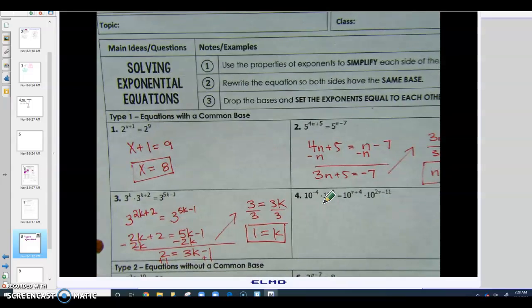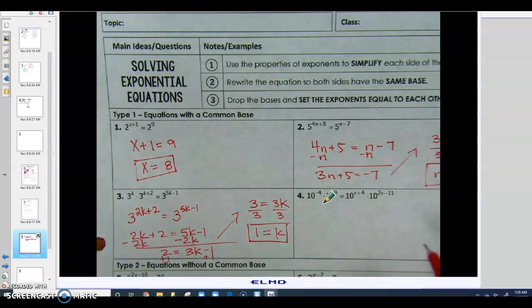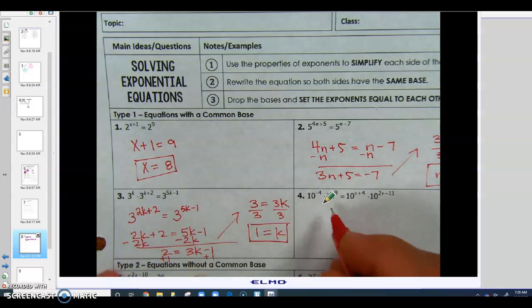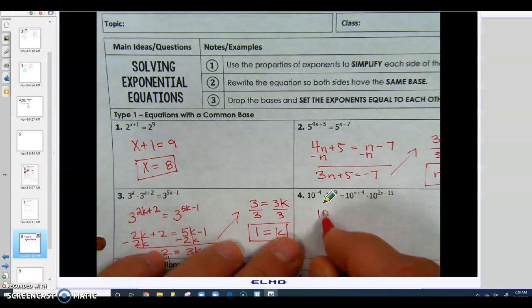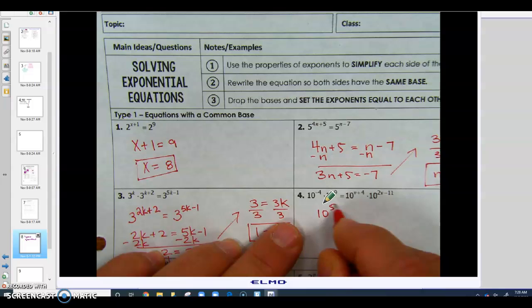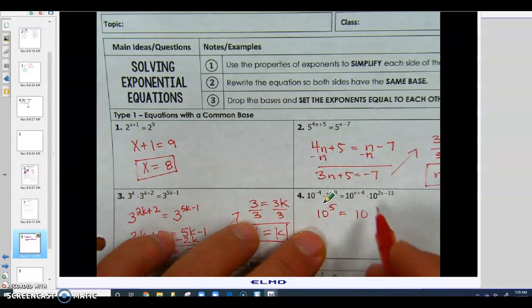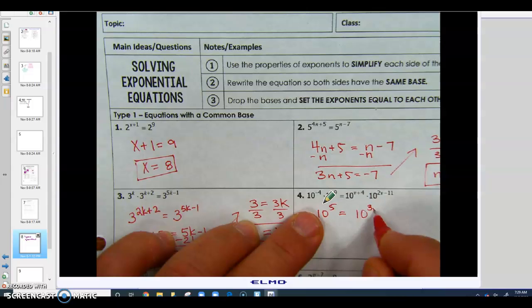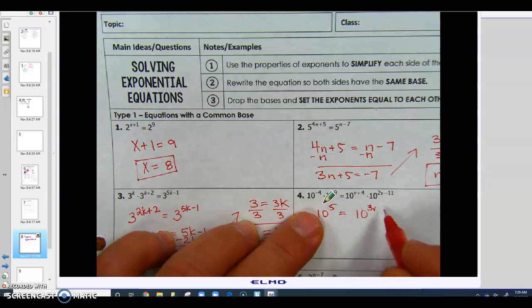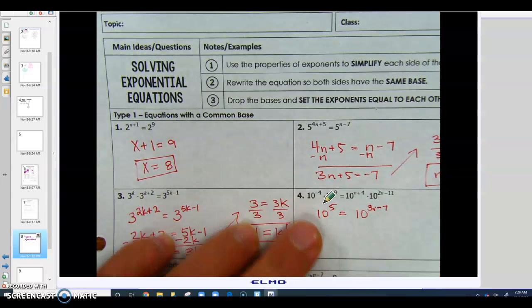Problem number 4. Condense the bases, 2 bases, and add the exponents. So that's 10 to the 5th equals, condense these 2 bases over here. Add both of those exponents, combine like terms. V plus 2v is 3v. Positive 4 minus 11 is minus 7.